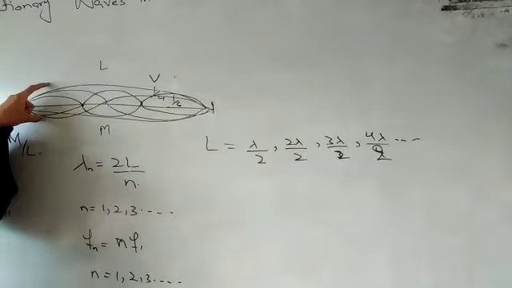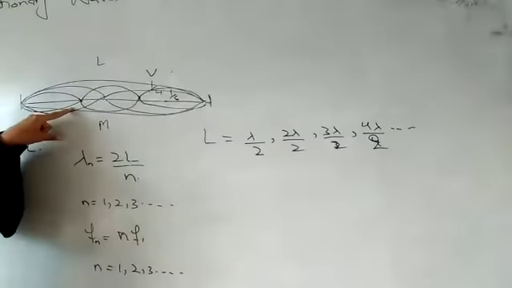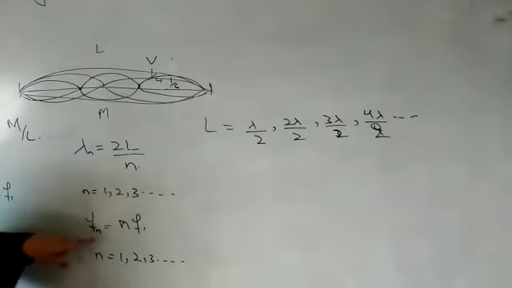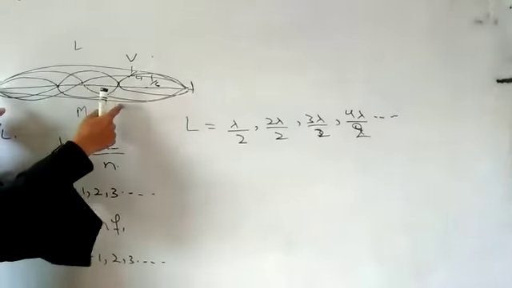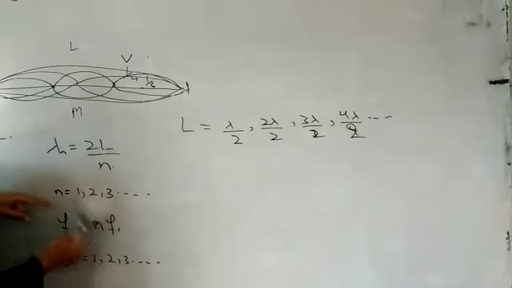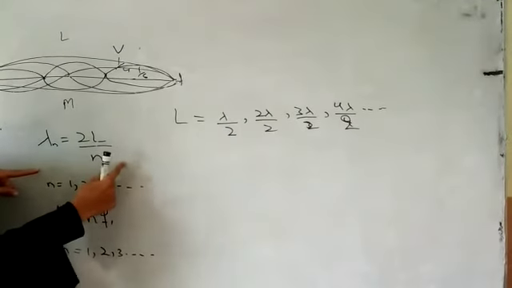We concluded that as the string vibrates in more and more loops, the wavelength of the stationary waves generated in the string goes on decreasing and the frequency increases, because here n is equal to 1, 2, 3, and so on.